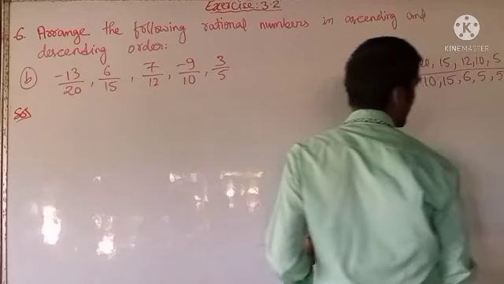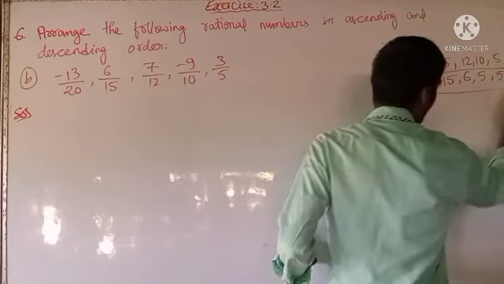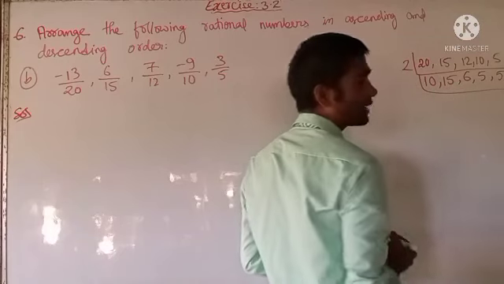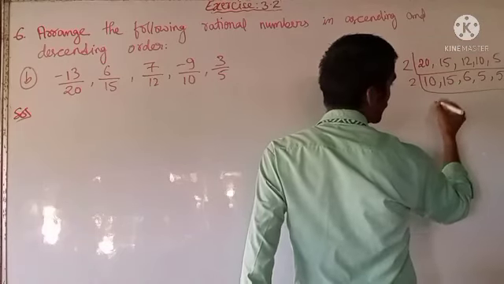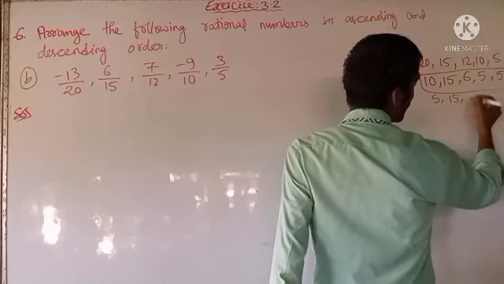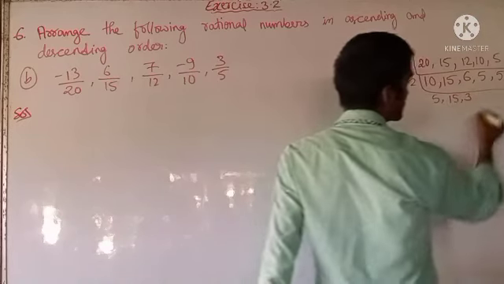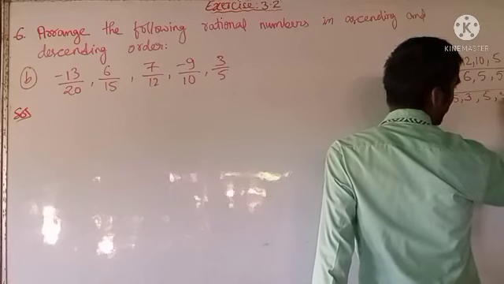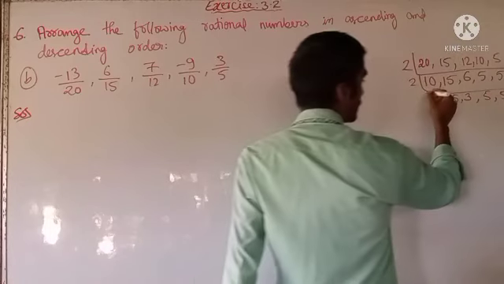And 5 is not divisible, so we will write it as it is. Again we can see that 10 and 6 are divisible by 2, so we divide again by 2. 2 5s are 10. 15 is not divisible, so we write it as it is. 2 3s are 6. 5 and 5 are not divisible.